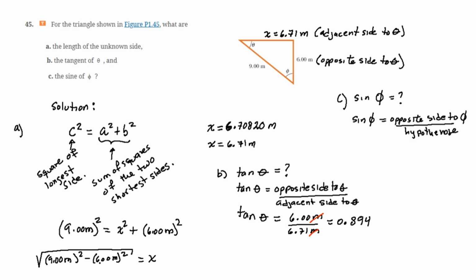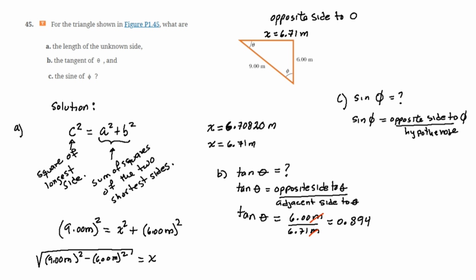So the opposite side to the angle phi is this side, the side with length 6.71 meters. Right? So this side, I call this side the adjacent side to angle theta.